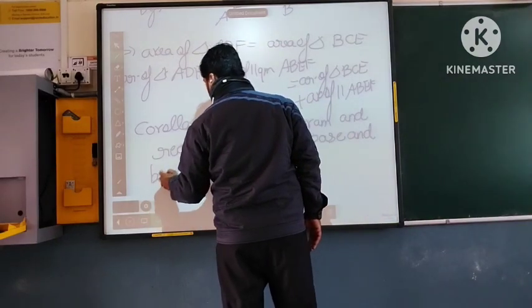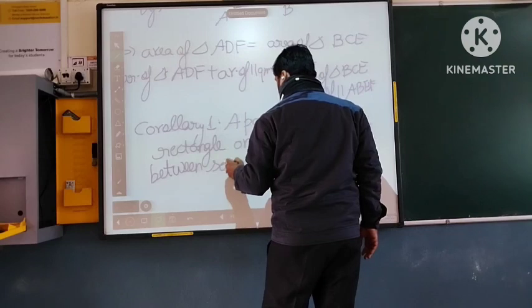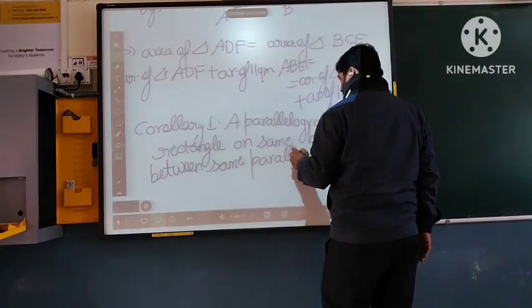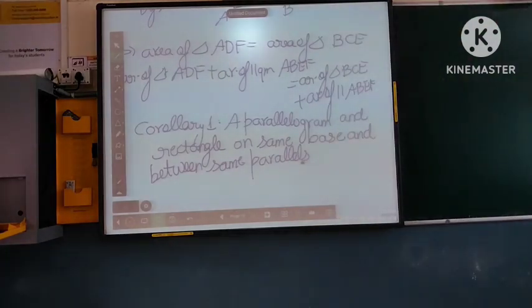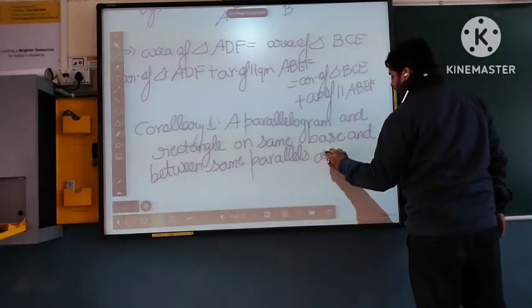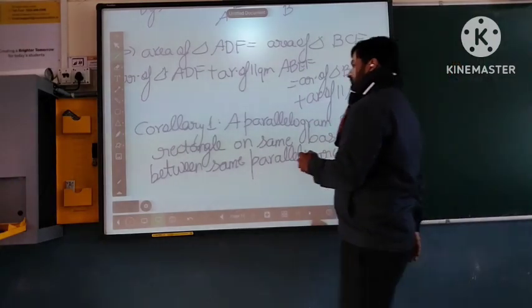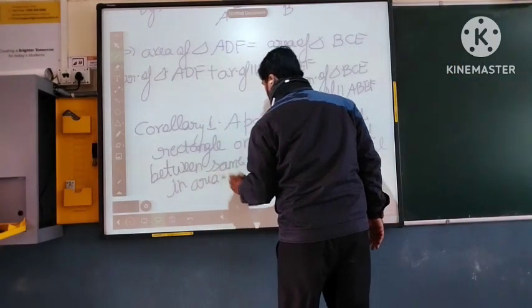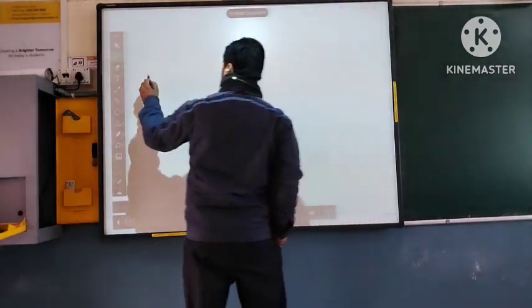Whether you say between the same parallels or between the same parallel lines, the meaning is the same. Between the same parallels are equal in area. Clear? That's why the chapter is theorems on area, because of area equivalence.